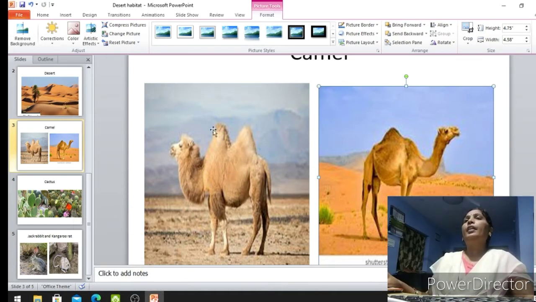The fat which is stored in its hump gets digested and releases water for the camel for its survival. How much water is needed, that much amount of water it gets. So these are some adaptations which the camel shows to live in desert areas.